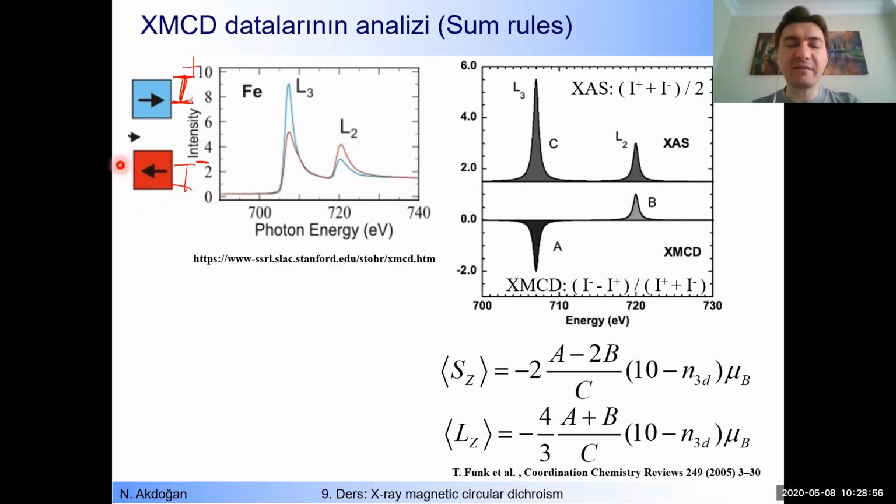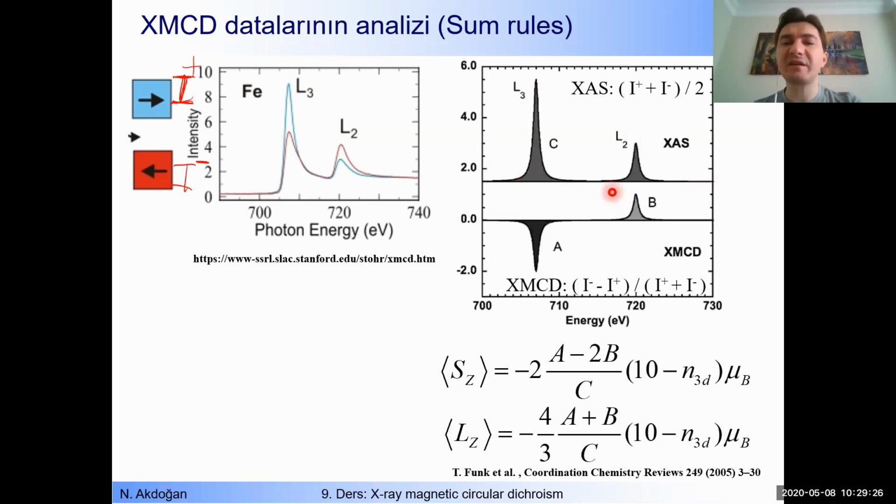You use LCP and you measure that intensity, I minus, okay? If you take I plus plus I minus divided by 2, then you get the X-ray absorption spectroscopy signal, XAS signal, okay? Like this. So you use both of them within that equation, and you have that signal.